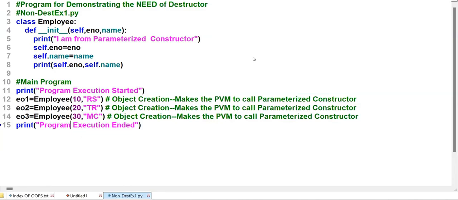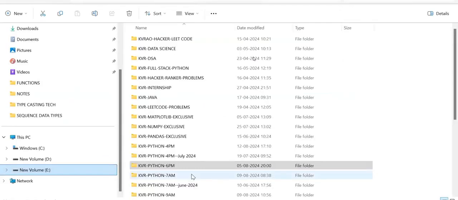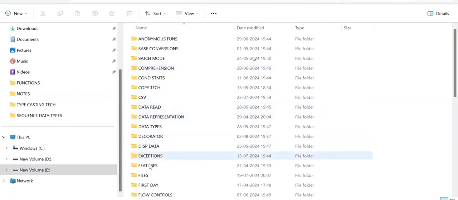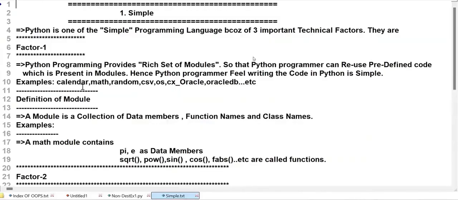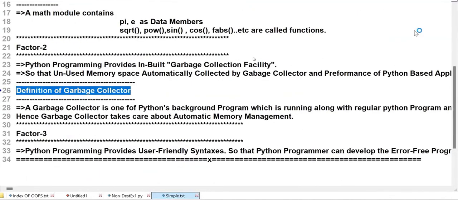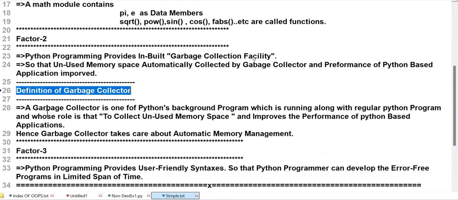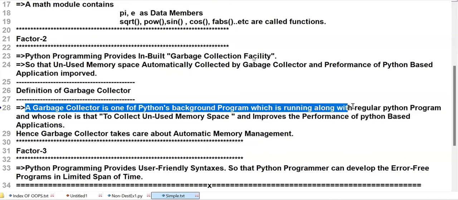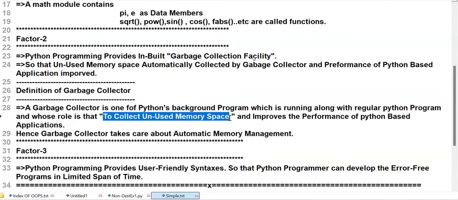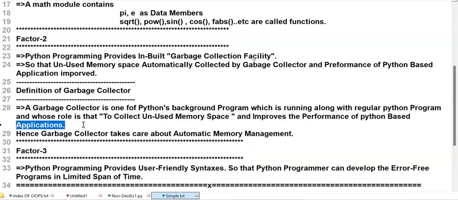You learned this in my class at the beginning of the lectures, in the features of Python: feature number 2, garbage collector. Behind the Python program, the garbage collector is a Python background program running along with a regular Python program, whose role is to collect unused memory space and improve the performance of Python-based applications.